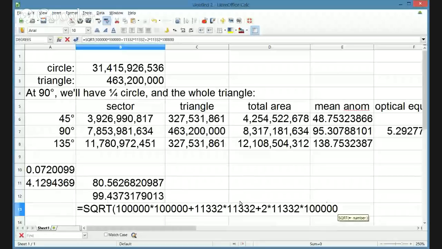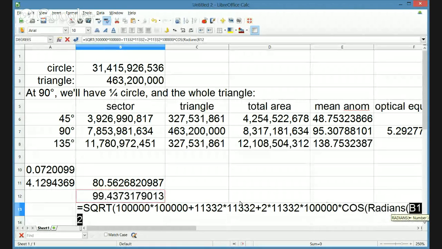Oh, you can't see what I'm doing anymore. Put that sharing thing back on the right way. Times the cosine in radians of the angle between them.